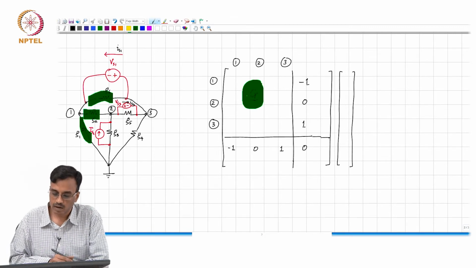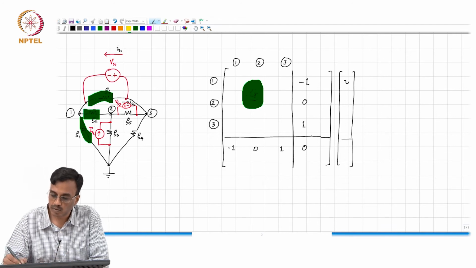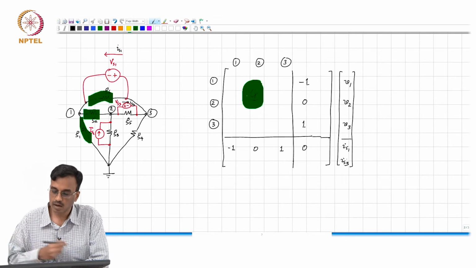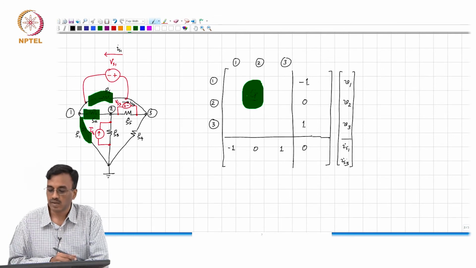And what is that saying? That is between nodes 2 and 3. So, what should I do? The new unknowns are basically V1, V2, V3, IS1 and IS3.